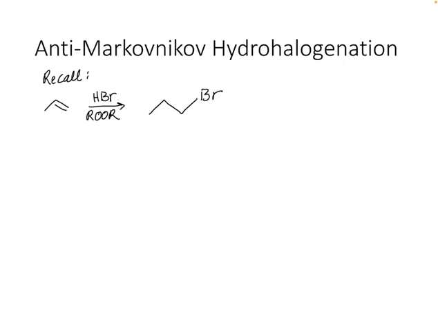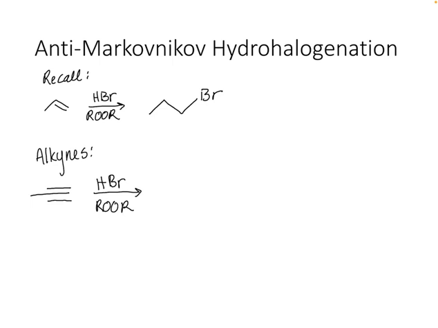Okay, so what happens if we do the same thing with a triple bond? So let's say we have a terminal alkyne, and we add HBr in the presence of peroxides. Well, the bromine is going to add to the less substituted carbon, but remember, we are going to end up with a double bond.